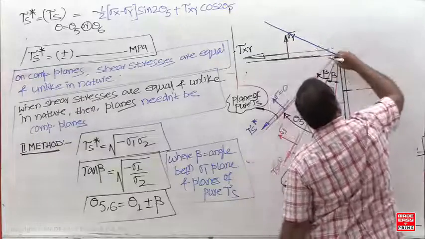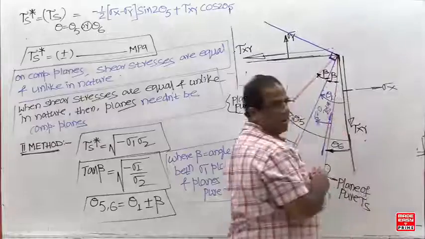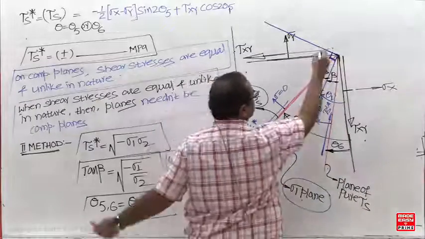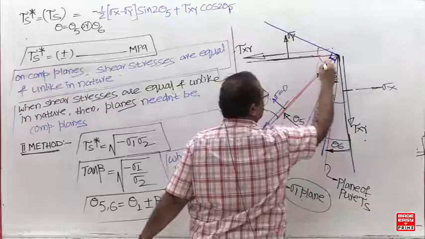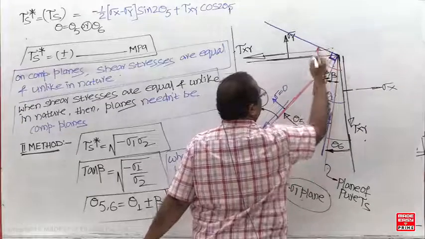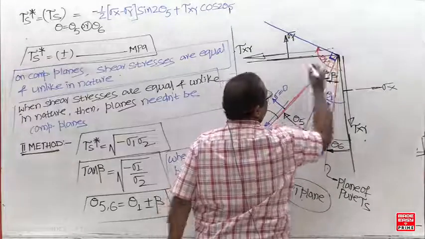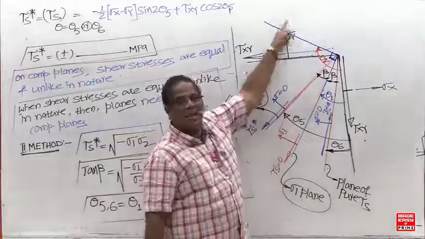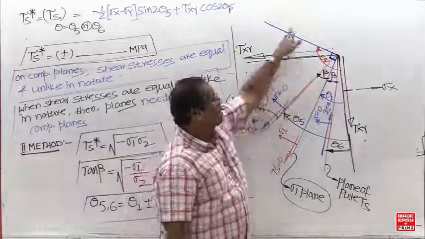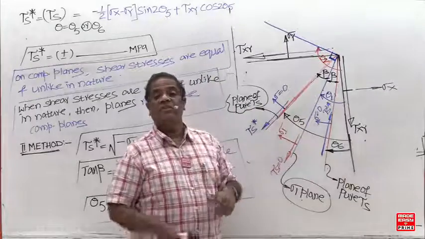What is the angle between these two now? 90. And this angle is what? Theta 2. This angle is theta 2. That's why always, what are the blue color lines? Blue color lines are the principal planes, on which shear stress is 0.